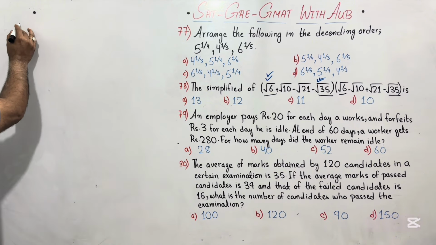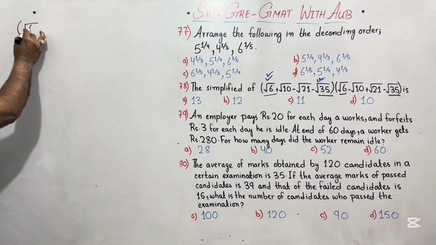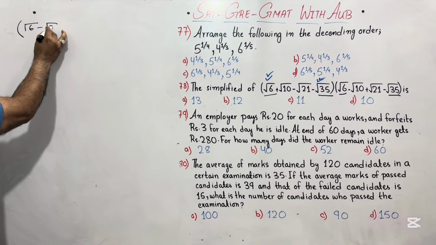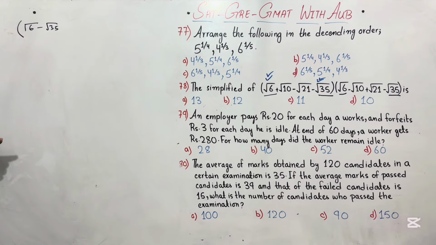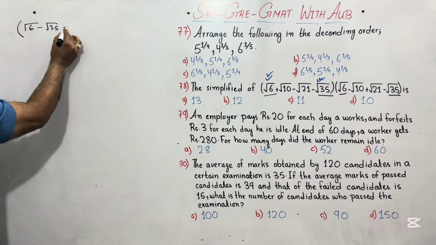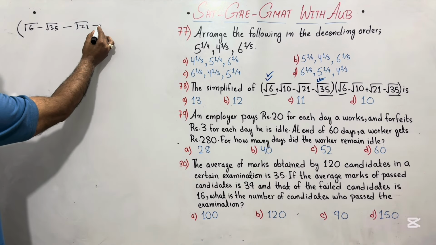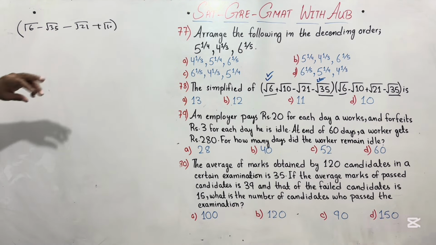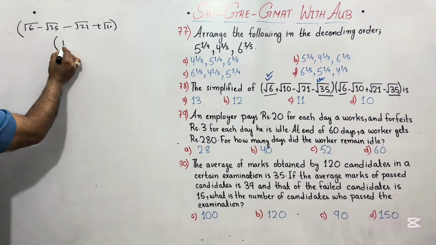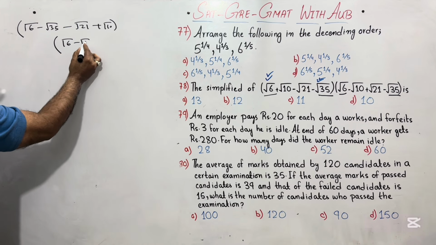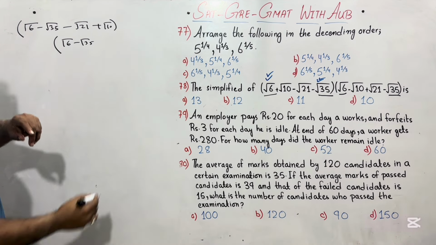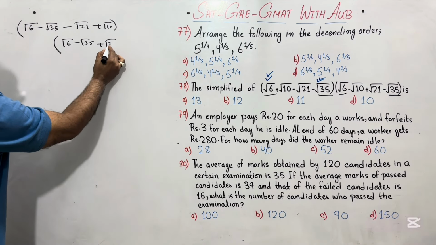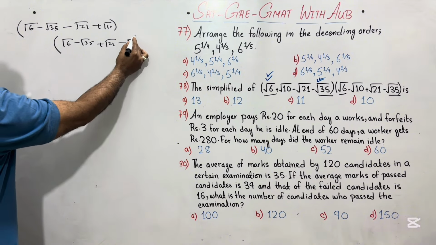So I can write this as √6 and √35 first, then the remaining, minus √21 and plus √10. That is our first bracket. Second bracket is again √6 minus √35 plus √21 minus √10.